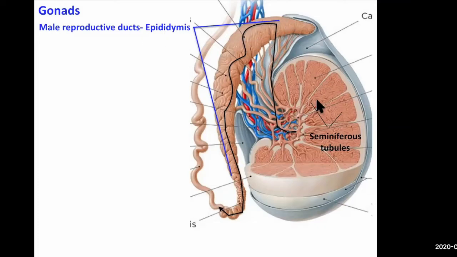So immature sperm is going to be pushed out here by peristalsis and moved around through cilia, and then it's going to mature over here. We'll get back to the epididymis in a little bit.